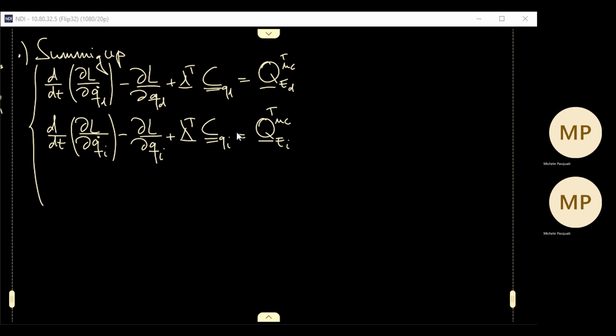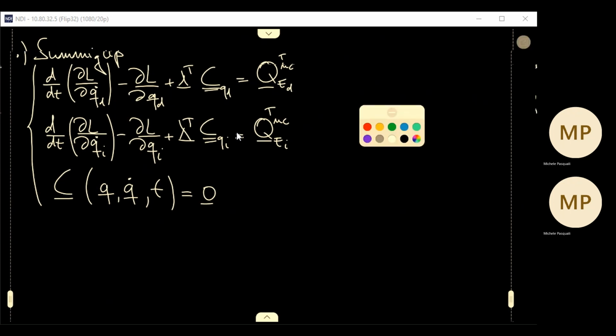And plus, we have what? We do not have to forget the constraint equations. We also have the constraint equations. Okay? So this is by definition of the lambda.